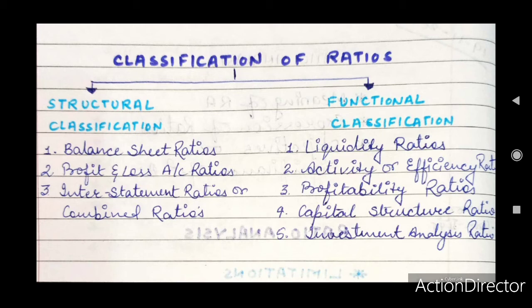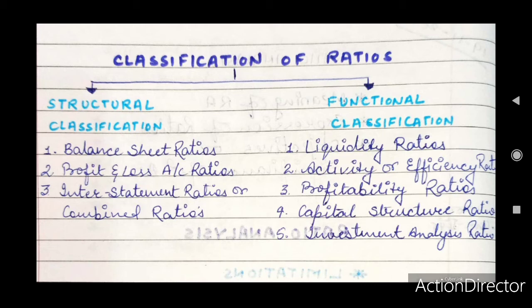The following are such important ratios: debt equity ratio, proprietary ratio, solvency or debt to total assets ratio, fixed assets to net worth ratio, capital gearing ratio, interest coverage or debt service ratio, dividend coverage ratio.